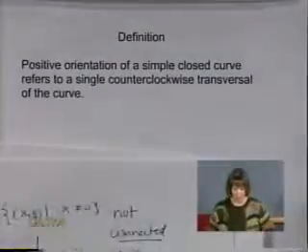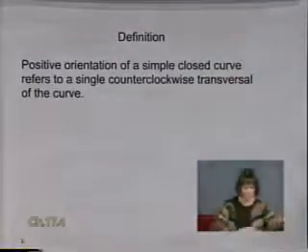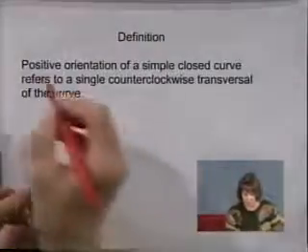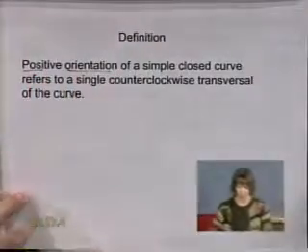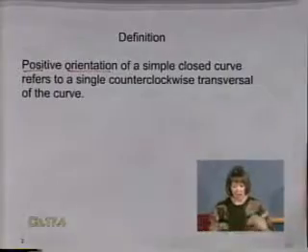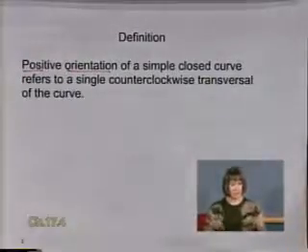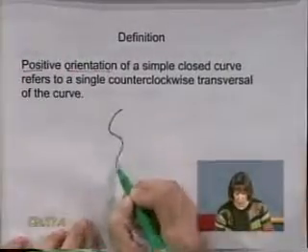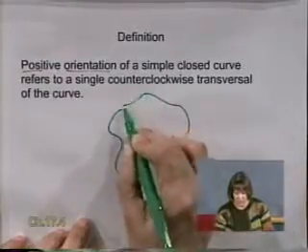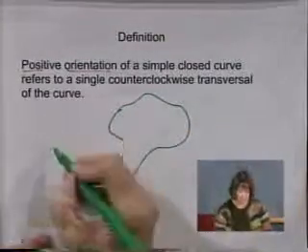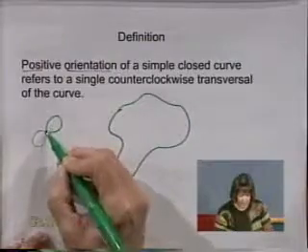Now today we're going to do one of my very favorite theorems. It's Green's theorem. But before we do it, we have to understand what we mean by positive orientation. You only talk about orientation when you're talking about a closed curve. And if you have a simple closed curve, remember simple means it just does not intersect itself. This curve right here is not simple because it's intersecting itself.